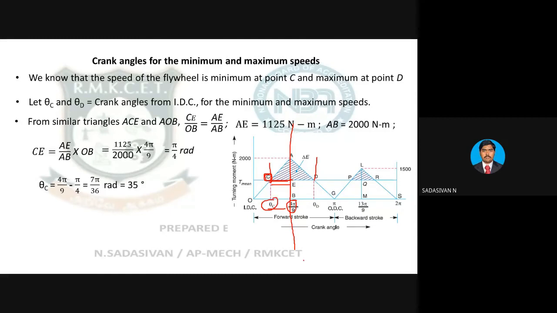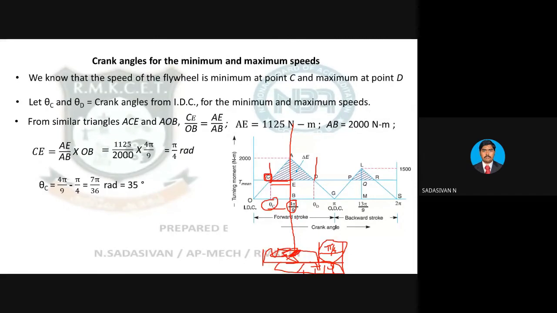Are you understanding? From the starting point, this line is 4 pi by 9. From here, I know there is another line which is pi by 4. I want to find out this. So subtract pi by 4 from 4 pi by 9, and you will get this.